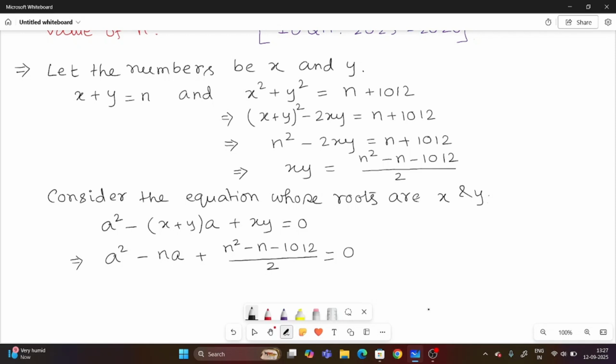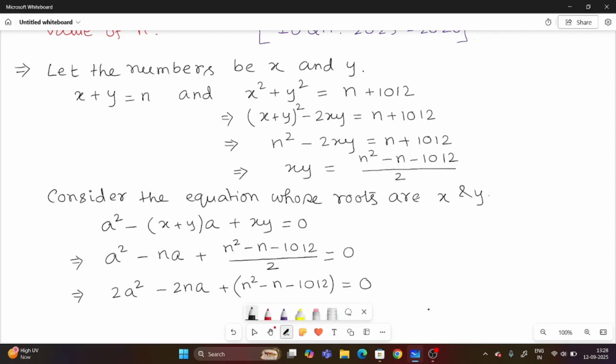Multiplying throughout by 2, we get the equation as 2a square minus 2n multiplied by a plus n square minus n minus 1012 equals 0. So the quadratic equation whose roots are x and y is given by 2a square minus 2na plus n square minus n minus 1012, which is equal to 0.